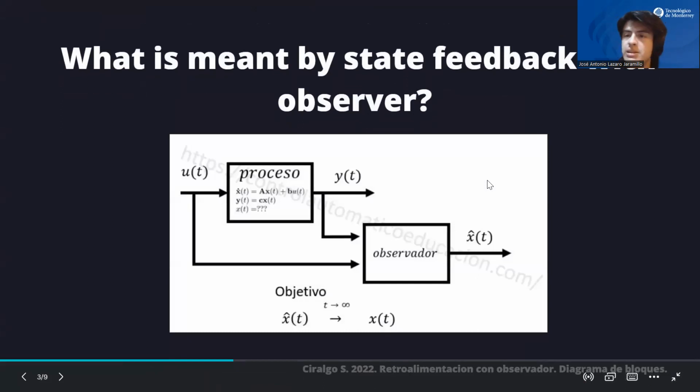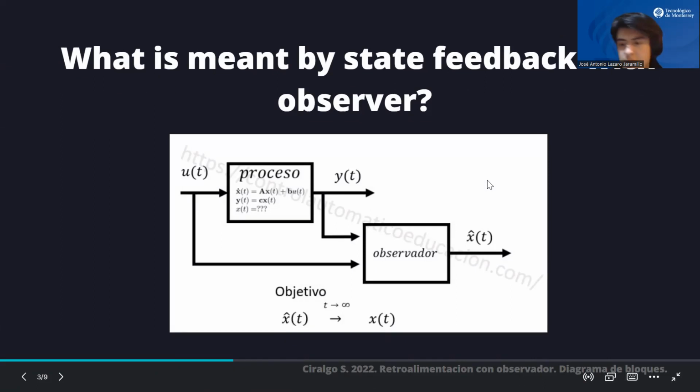So what is meant by state feedback with observer? The state feedback control technique assumes that all the states of the system that we wish to control are available for feedback. However, in practical situations, the assumption that all the states of a system are known online is generally not true.